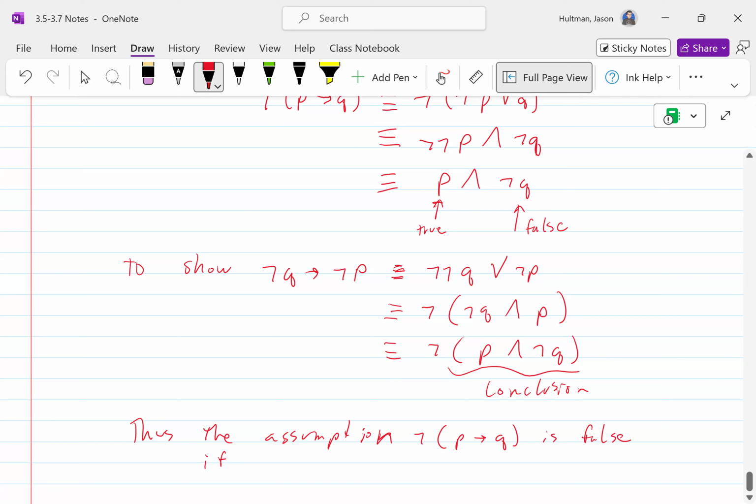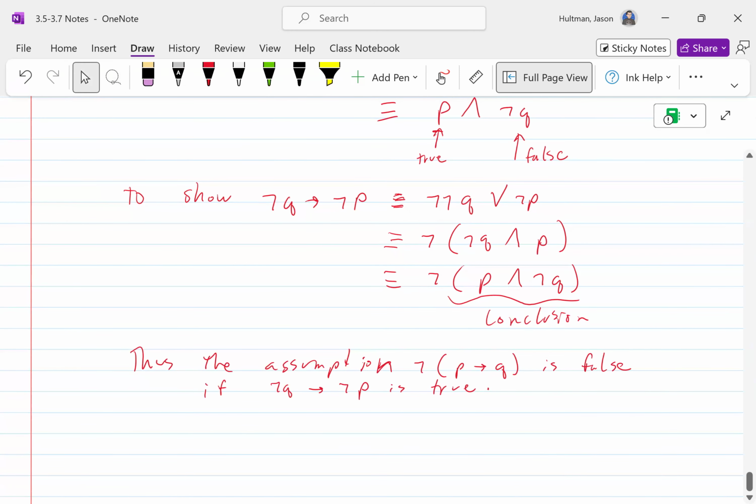If not Q implies not P is true, therefore P implies Q is true by contradiction.